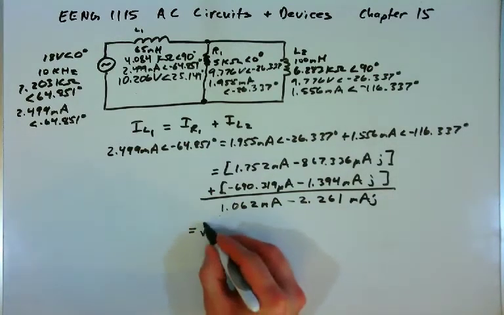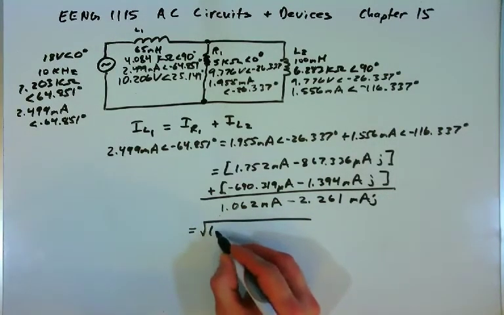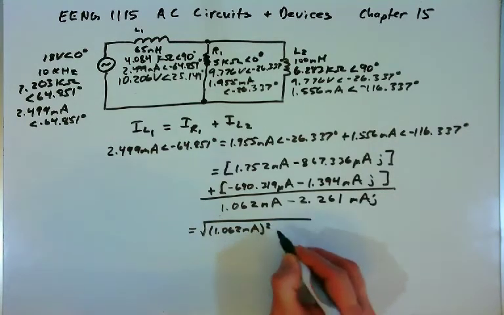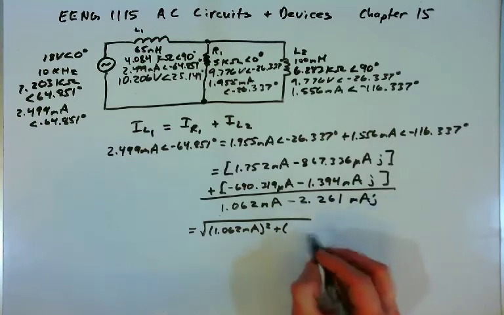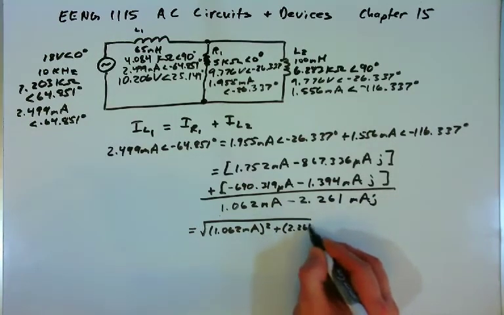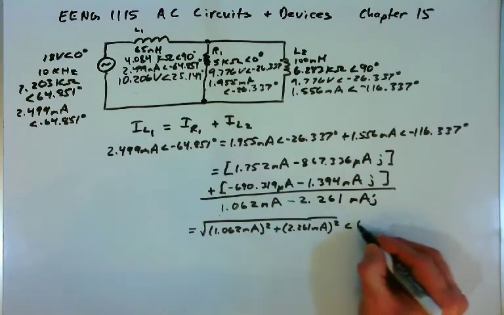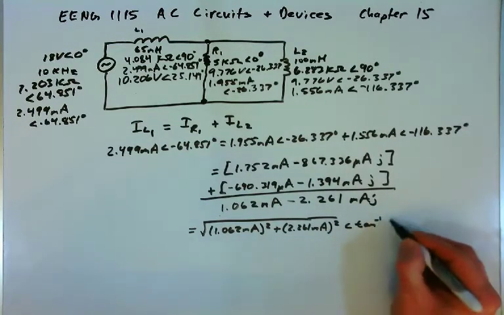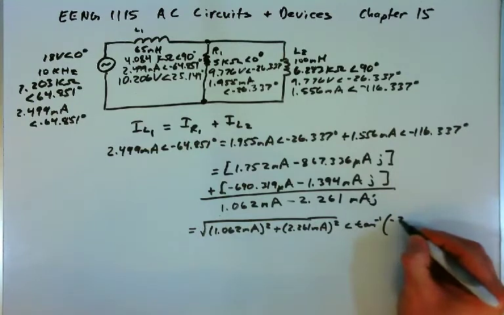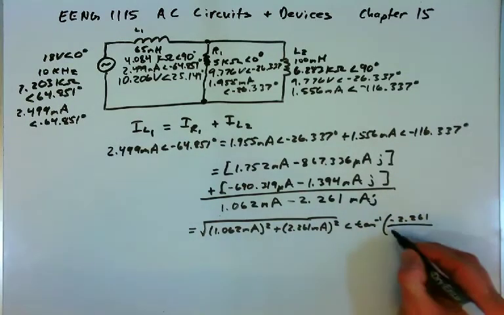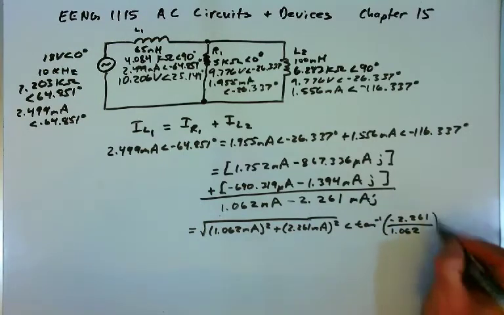And so the polar form will be the Pythagorean theorem. We'll take the square root of 1.062 milliamps squared plus 2.261 milliamps squared. And the angle will be the inverse tangent of the y component, negative 2.261, divided by the x component, 1.062.